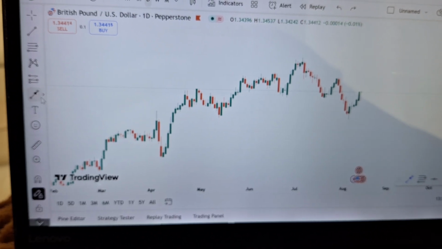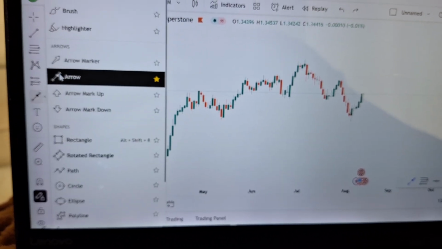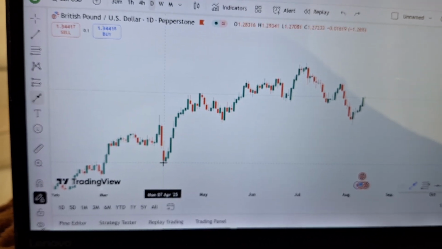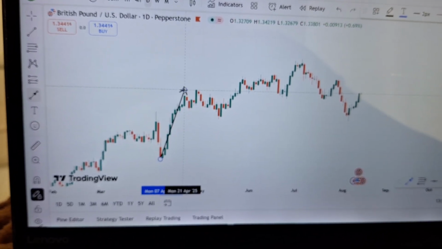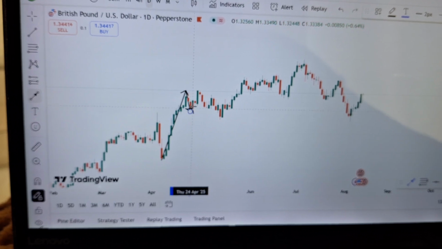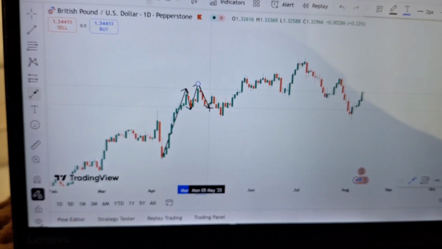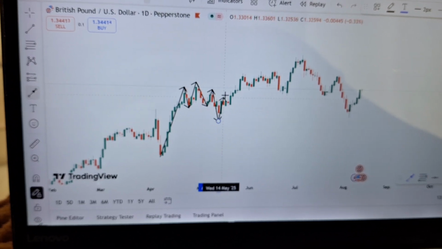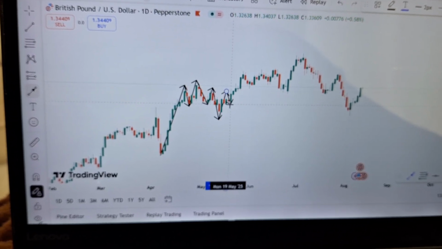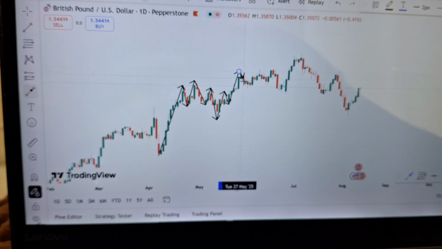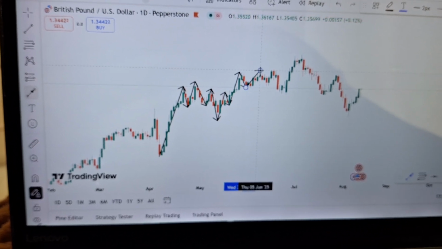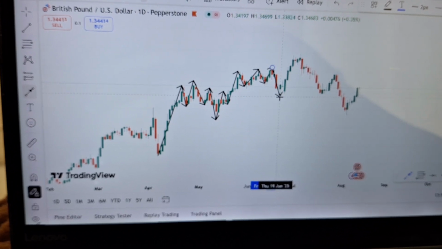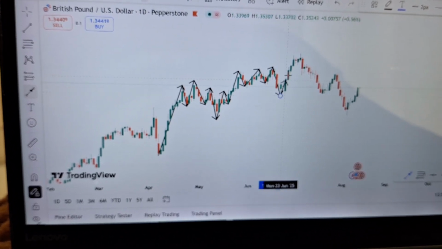Follow along as we draw arrows from the lowest tip point to the highest tip point, and from the highest to the lowest, and so on and so forth.